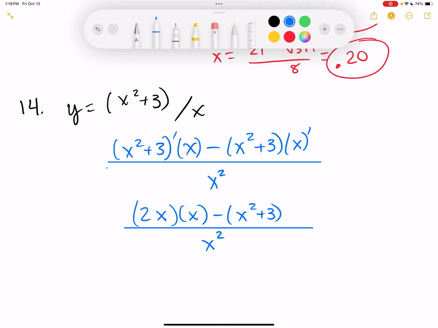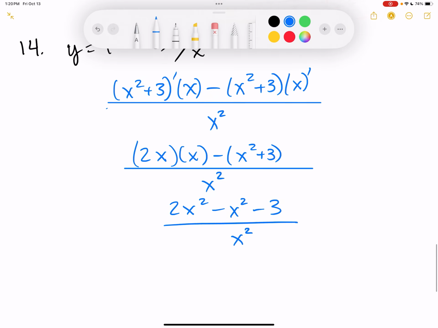So now I've got 2x squared minus x squared minus 3 over x squared. So then I've got x squared minus 3 over x squared.